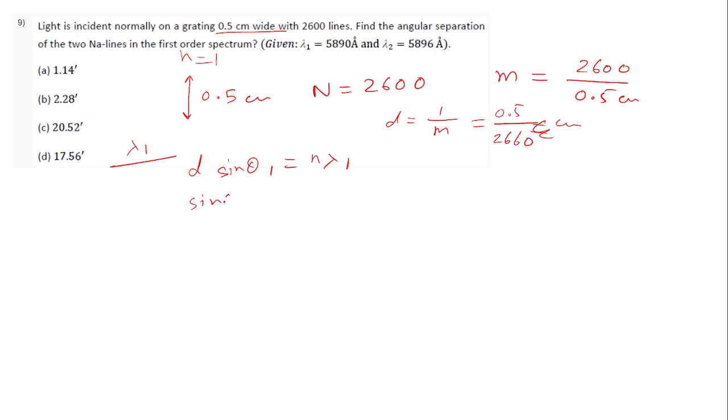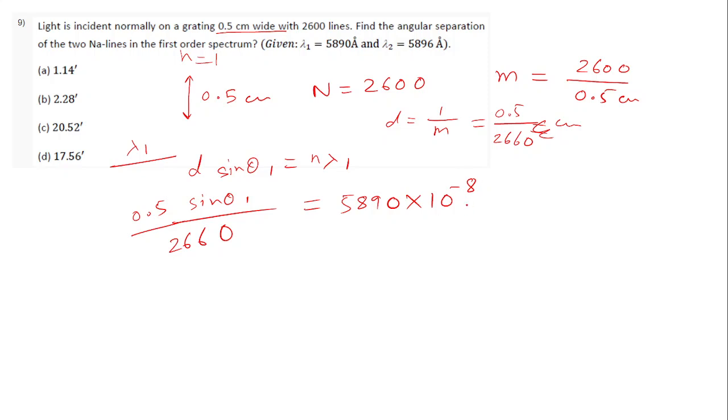Now sine theta 1 is equal to n lambda 1 divided by d, multiplied by 0.5 in the numerator, and in the denominator we'll have 2600. N is 1, lambda 1 is 5890 angstrom. I'll convert it into centimeter because the grating element is in centimeter.